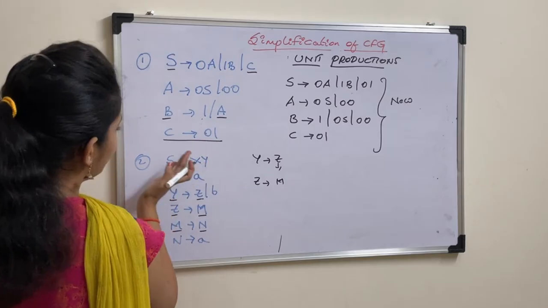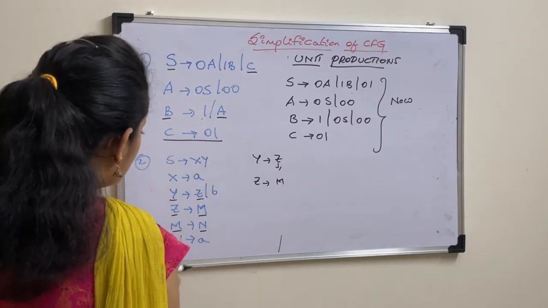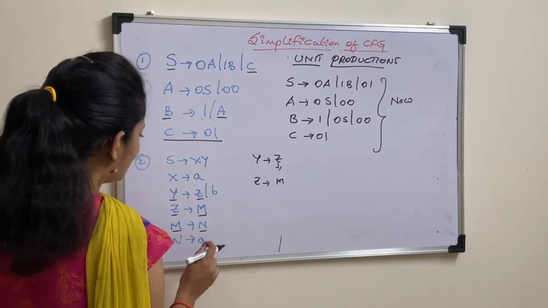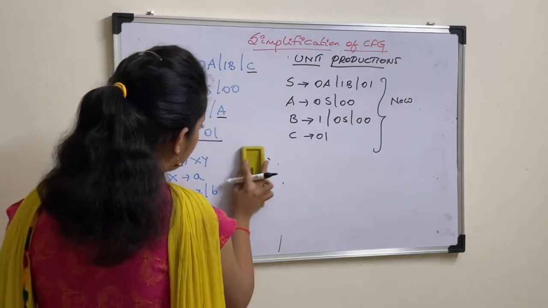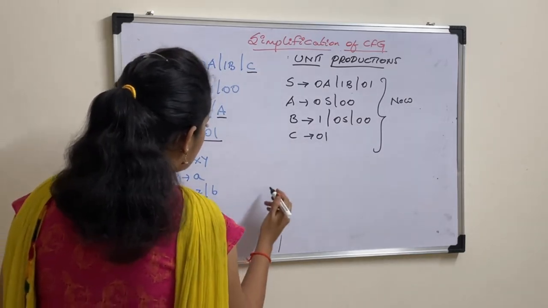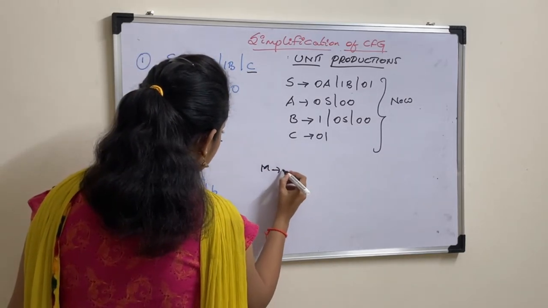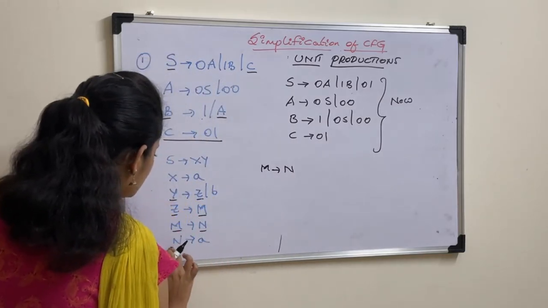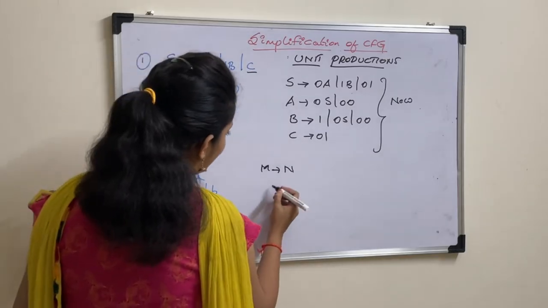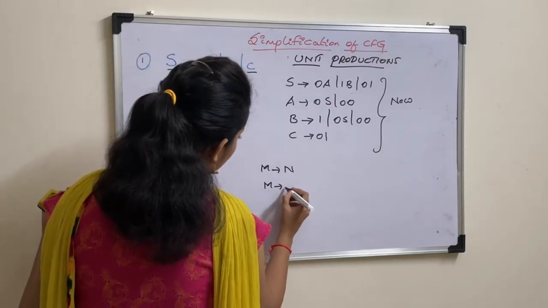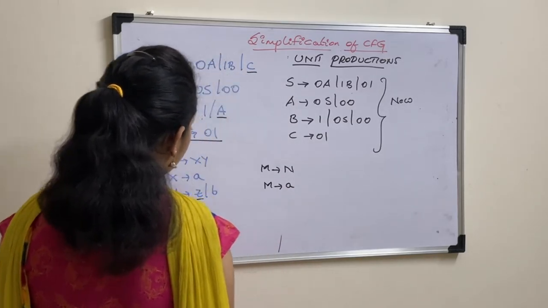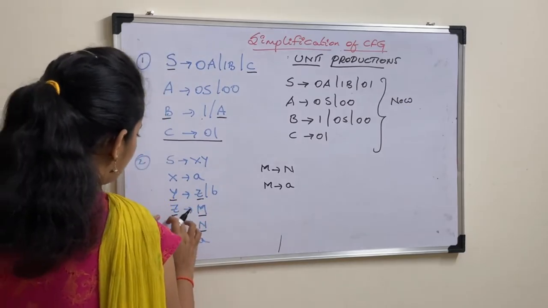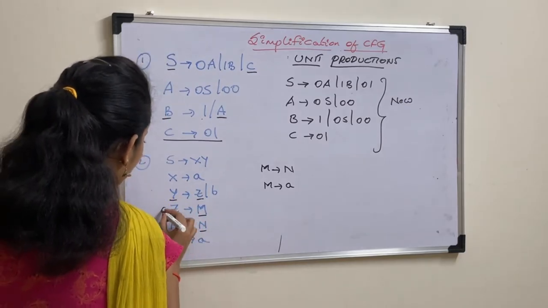Z derives M, and M is deriving a unit production again. So we need to solve in the backward direction, right? First you need to solve this M derives N. Check the production with N. N derives small a. So in place of N, you can replace this with small a. Now, move in a backward way.